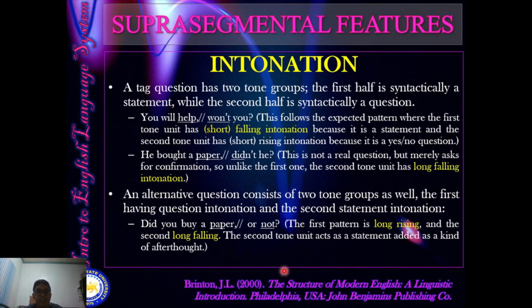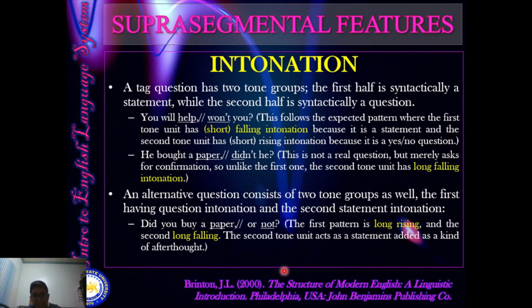So, again, if you look into this, this follows the expected pattern where the first tone unit has short, falling intonation because it is a statement, and the second tone unit has short, rising intonation because it is a yes or no question, right? So again, if you notice, the first one there, it is help, short, falling intonation, won't you?